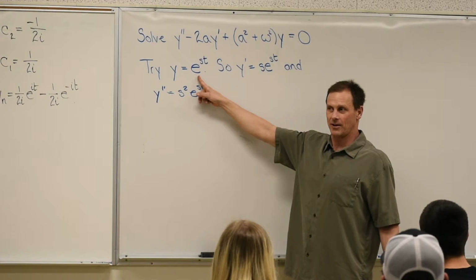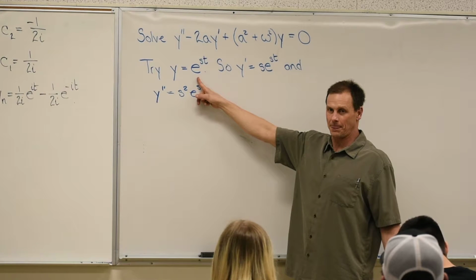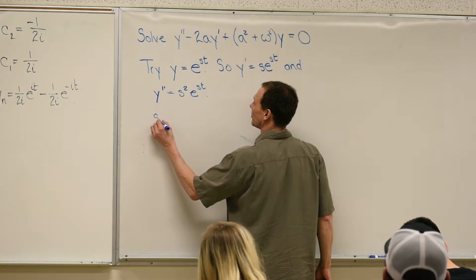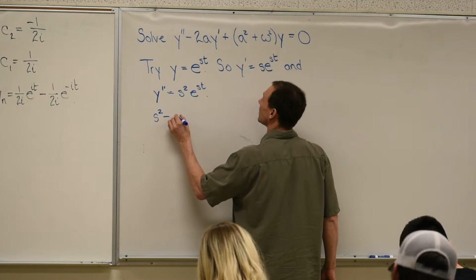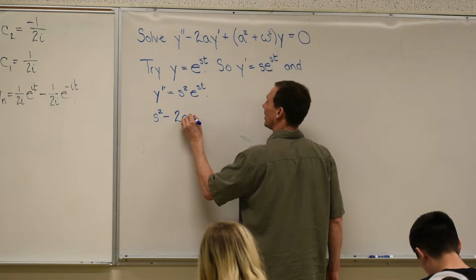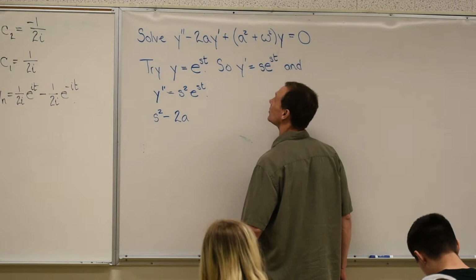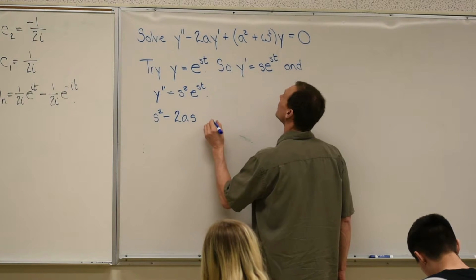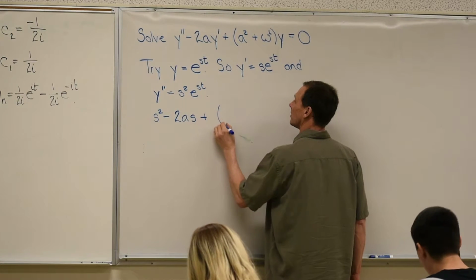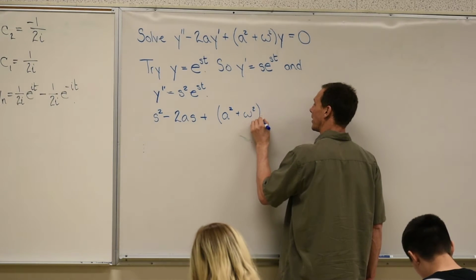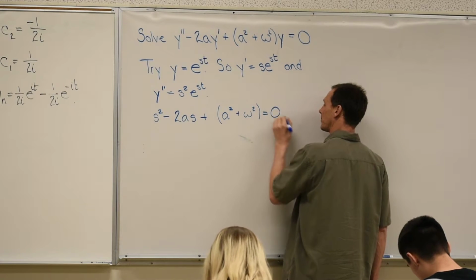What am I going to factor out of all three terms? E to the s t. So really the problem is reduced to s squared minus 2as plus a squared plus omega squared is 0.